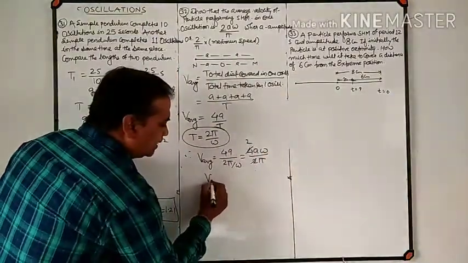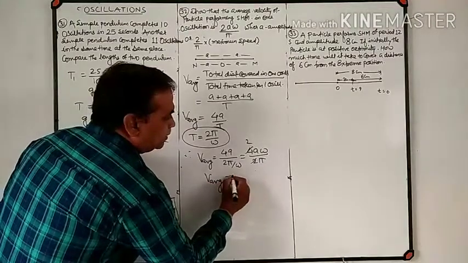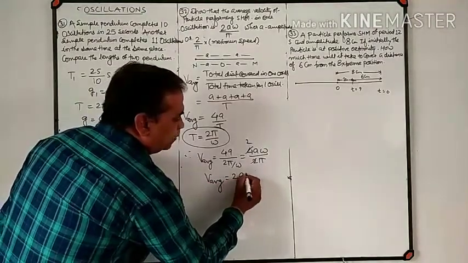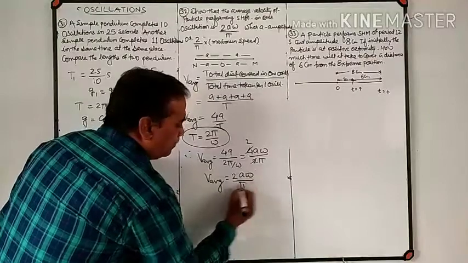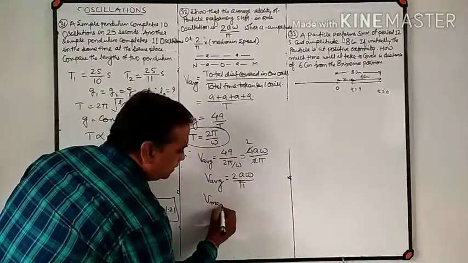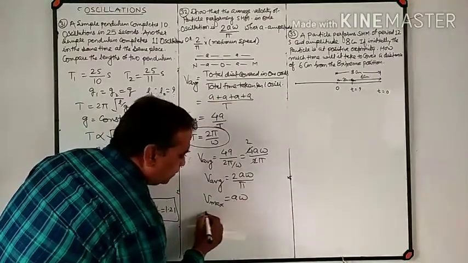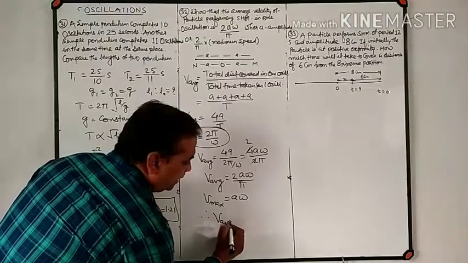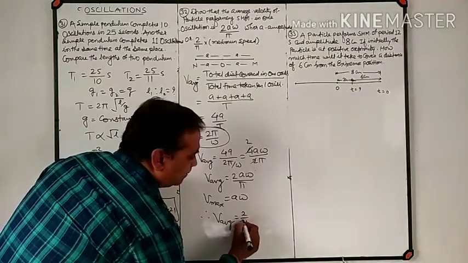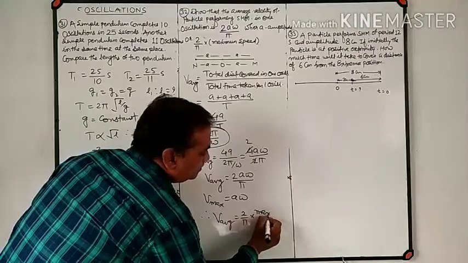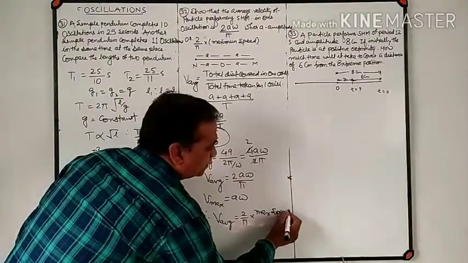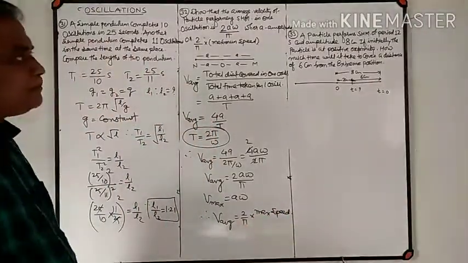So finally we get average speed equal to 2 a omega divided by pi. But as Vmax is equal to a omega, one can also say that V average is equal to 2 divided by pi into the maximum speed of the particle performing SHM.